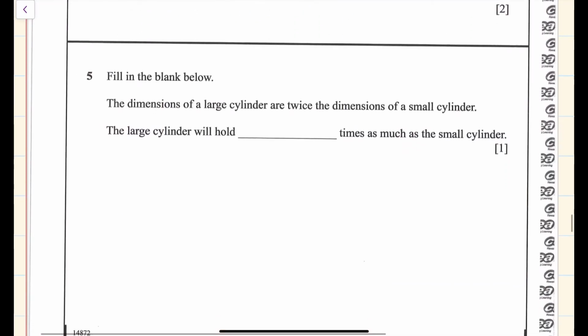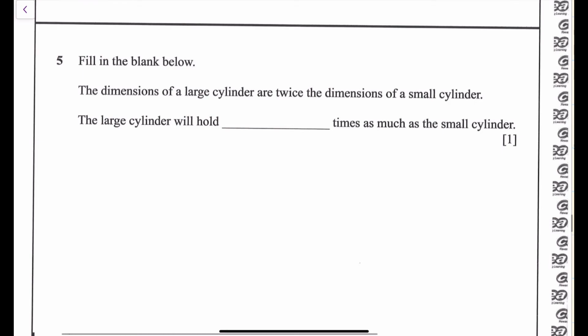Next thing says, the dimensions of a large cylinder are twice the dimensions of a small cylinder. The large cylinder will hold how many more times as much as a small cylinder? Okay, this is about scale factor. For length, the scale factor is k, and the scale factor for length is 2, because to get from the small to the big, it's twice as big, so multiply by 2.